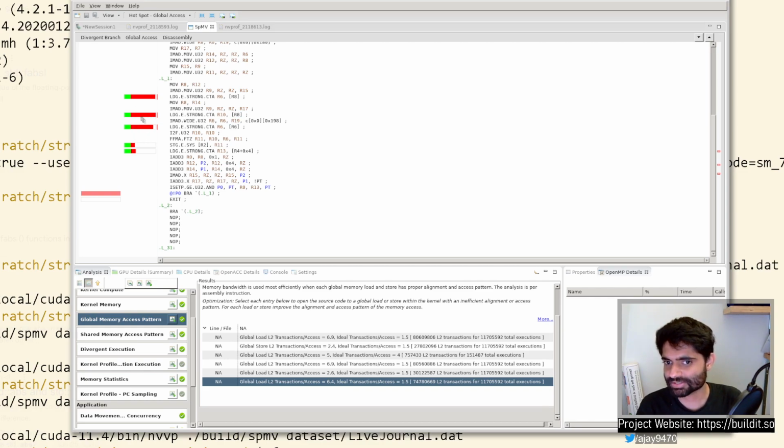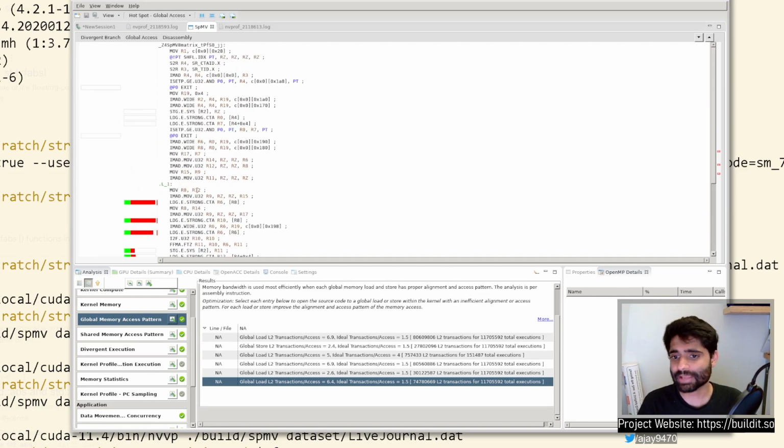The green shows how much of it is ideal, and the red shows how much of them is not ideal. If you look at all of these loads, they are inside the loop.